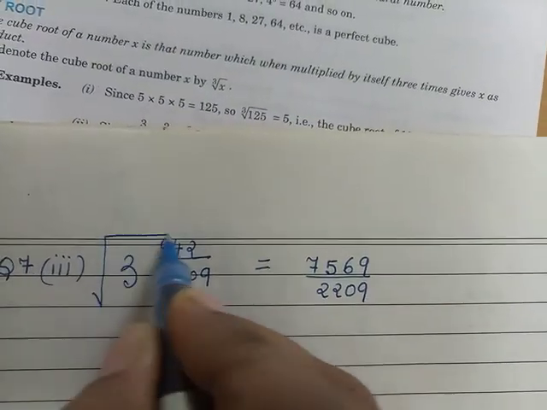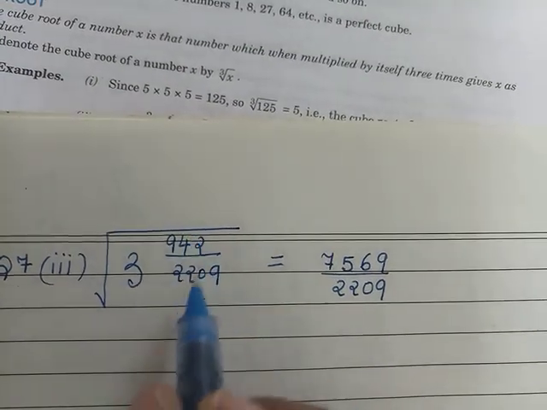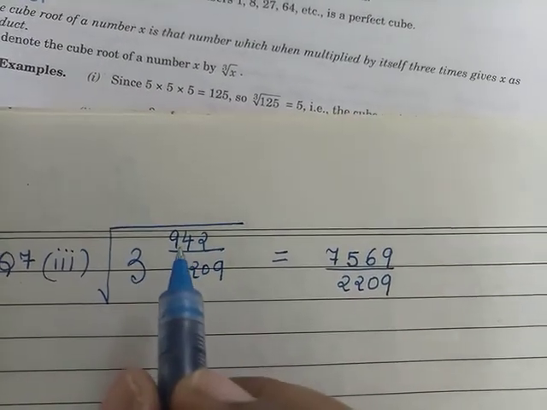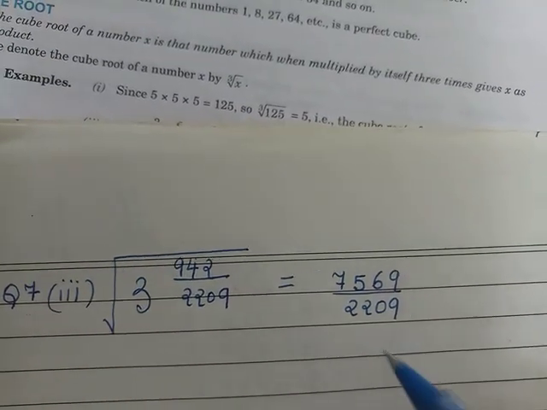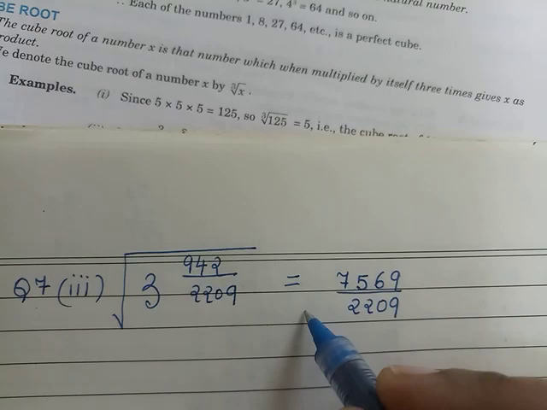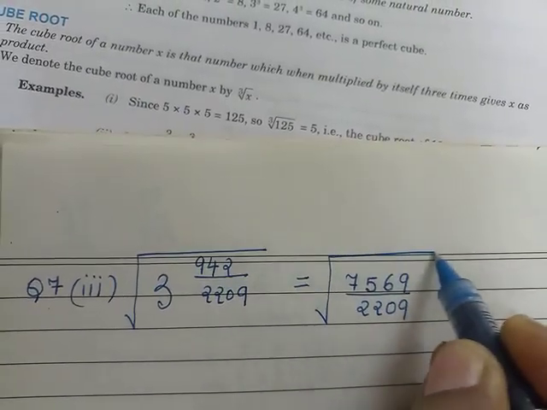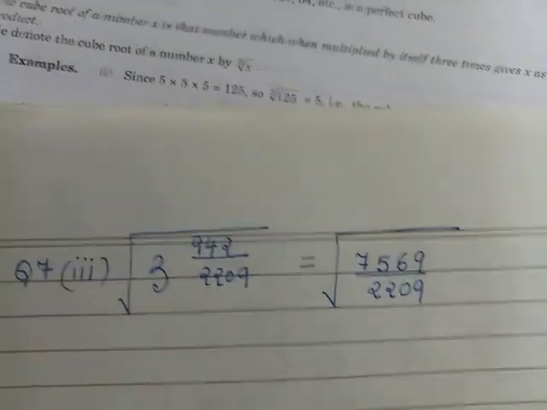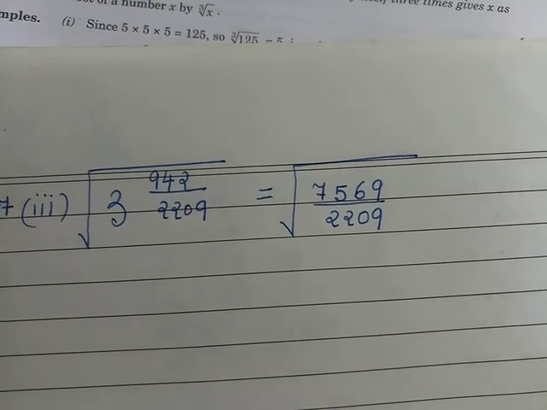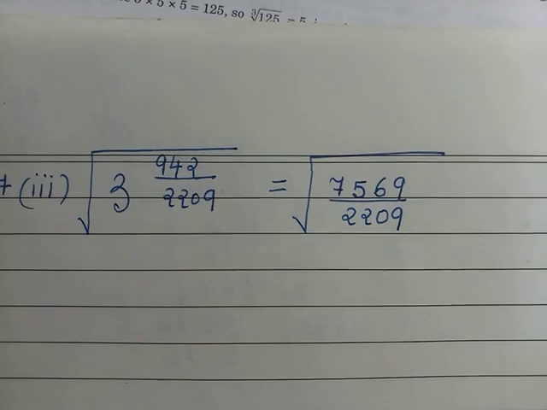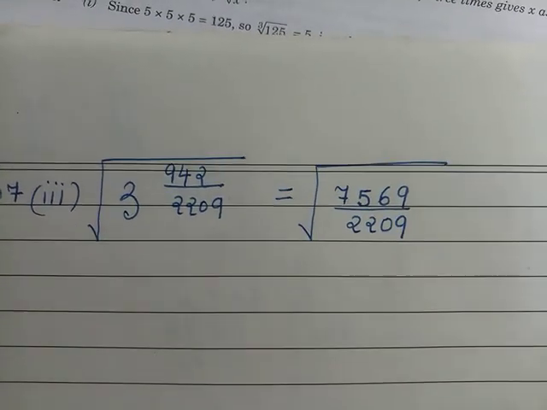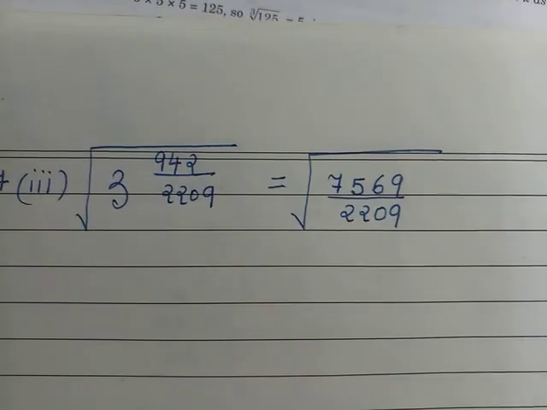So I have written the expression that we are finding the square root of 3 whole 942 upon 2209. I converted the mixed fraction into an improper fraction. So this is the symbol for square root, that we are finding the square root of 7569 upon 2209. Now how to do these questions? See if they cancel out.